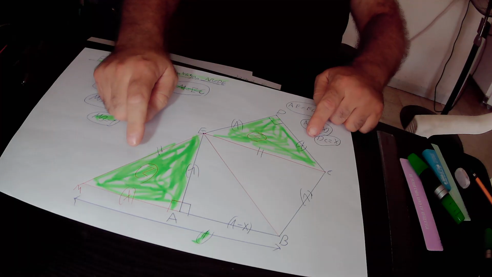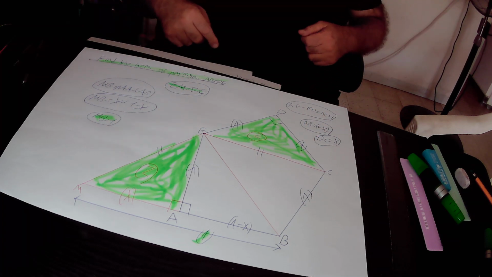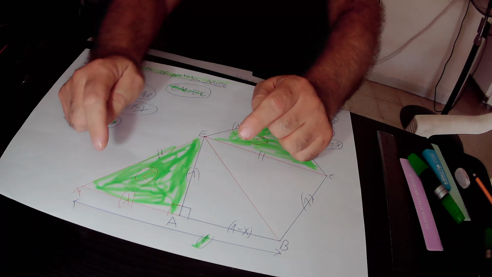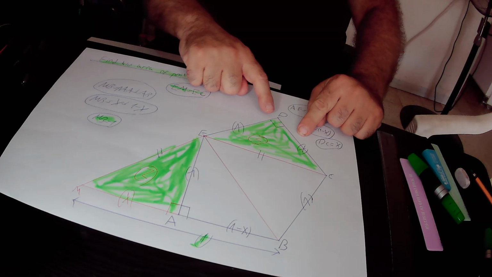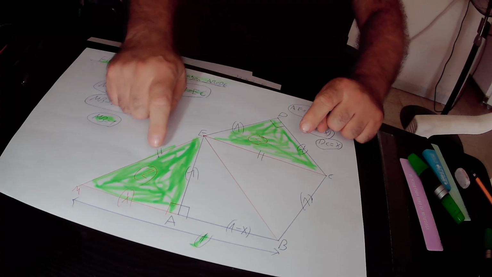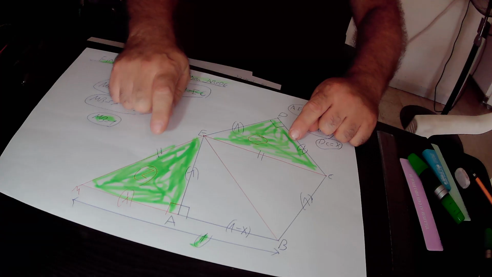And finally, those two sides are both equal to x and therefore they are equal to each other. So we found out that this right triangle EAM has two sides and the included angle corresponding equal to those of this right triangle. Therefore, those two right triangles are congruent according to the side-angle-side rule.